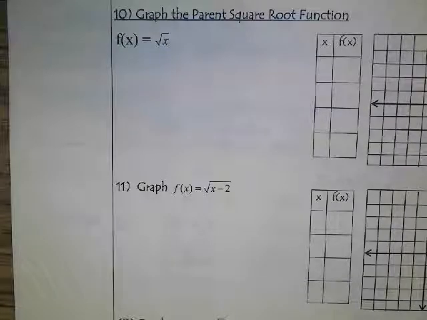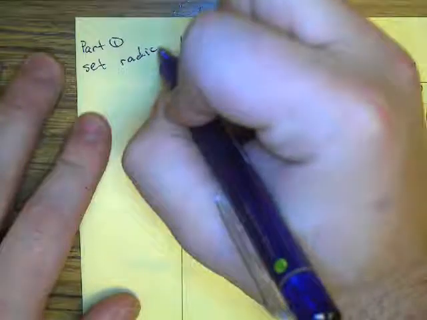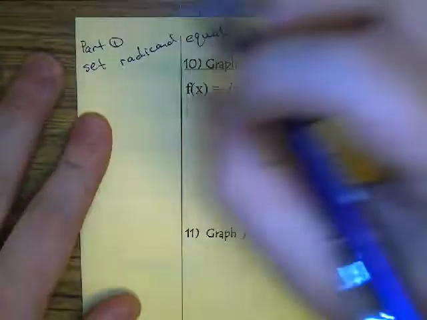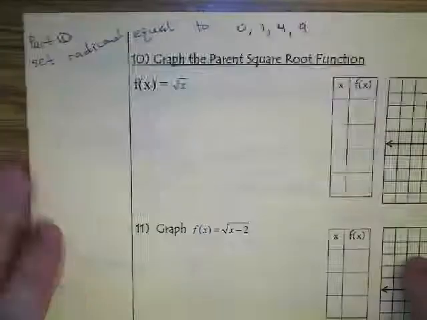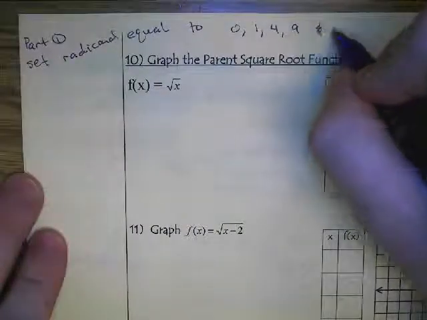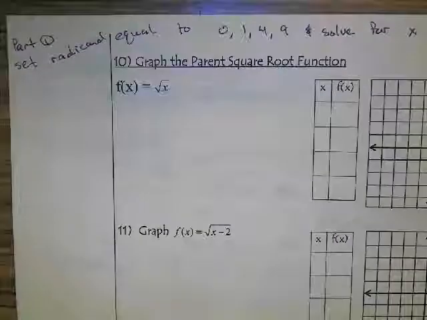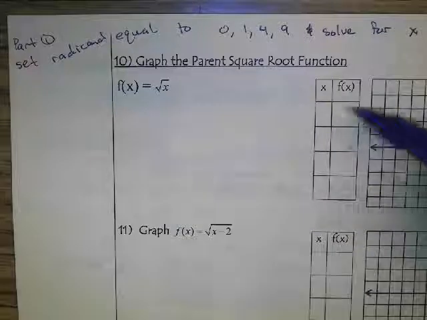So the first thing I'm going to do is set the radicand equal to 0, 1, 4, 9, and solve for x. By doing this, you will get these perfect x values to plug in to finish our T-chart up.